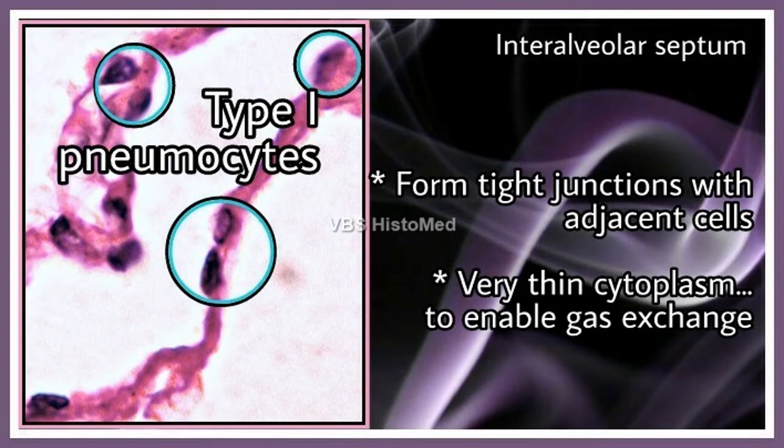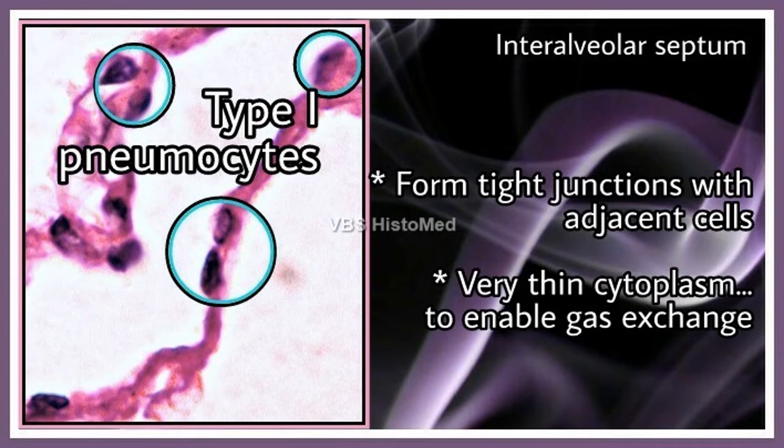They contribute to 95% of the alveolar epithelium, although they are actually only 40% of the cells in terms of number. Because they are flat and very extensive, they contribute a large surface area. Now that is the typical feature of type 1 pneumocytes.